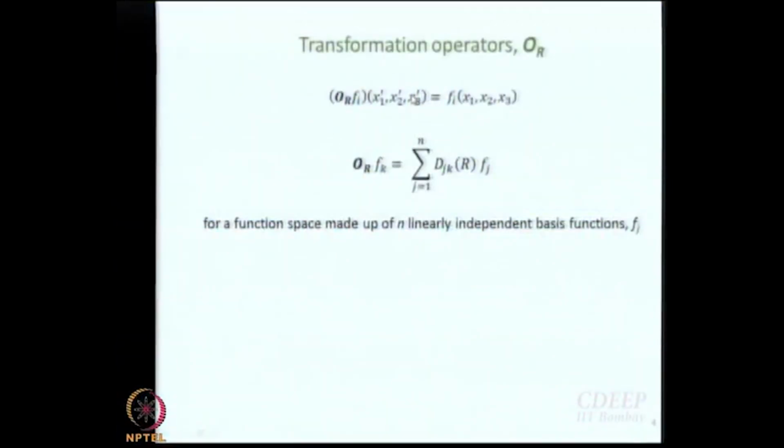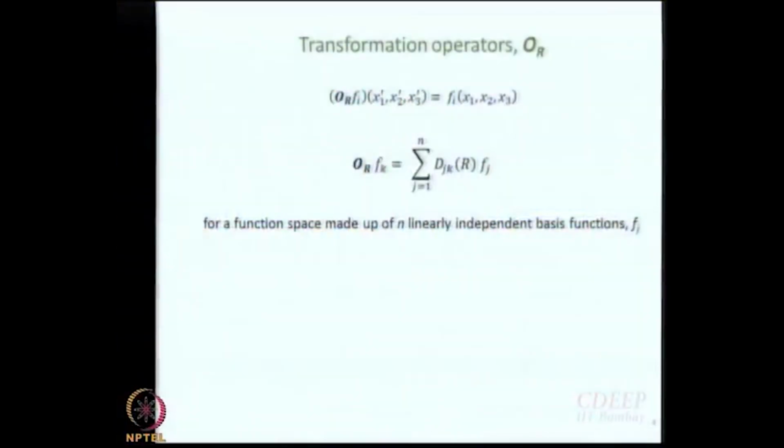Now, next, this is another thing that is very important to understand, the way we write it. OR Fk is equal to the sum over j equal to 1 to n of D_jk(R) Fj. How am I writing the functions? F1, F2, F3, F4, F5, dot dot dot, Fk, dot dot dot, last is Fn. I write it as a column vector, right. And what is this D_jk(R)?